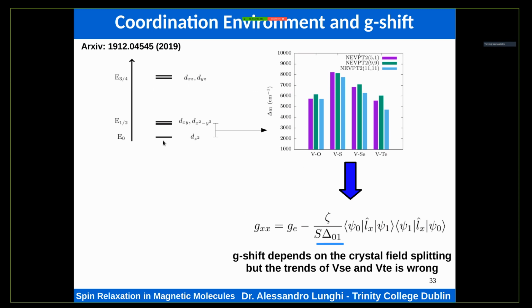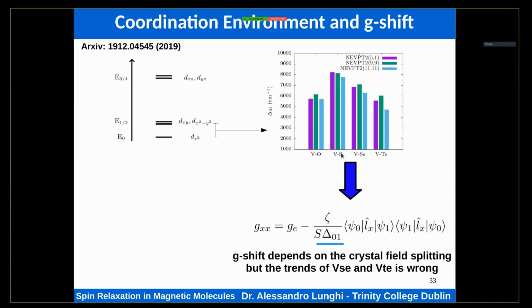We expect it to be in the dz² orbital. We're going to have a first excited state, which presumably is going to dominate the g-tensor properties. And from electronic structure theory, we can actually quantify the energy splitting between these two levels. You see it's reported here for the series, and we have the maximum with sulfur, which is correct if we take a look at the g-tensors.